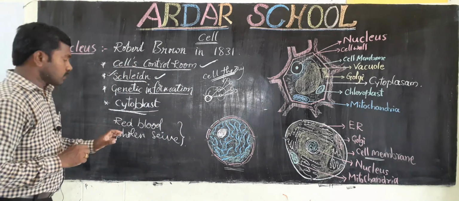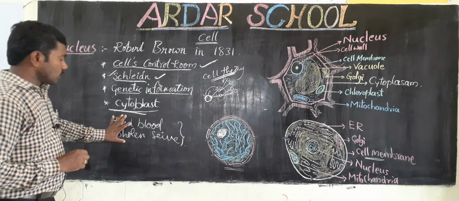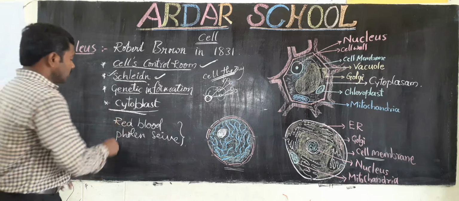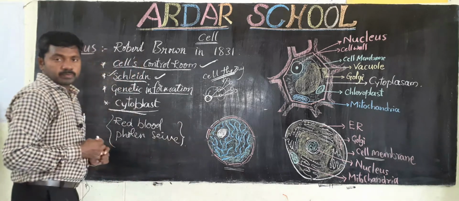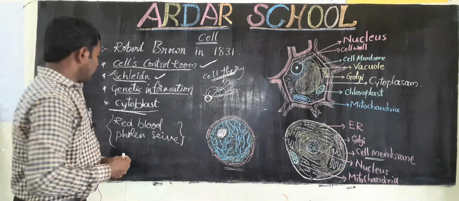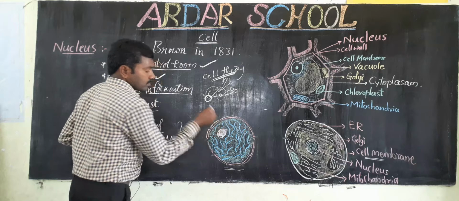In the earlier stage we can observe it, but after growing, in these two cells the nucleus is absent.